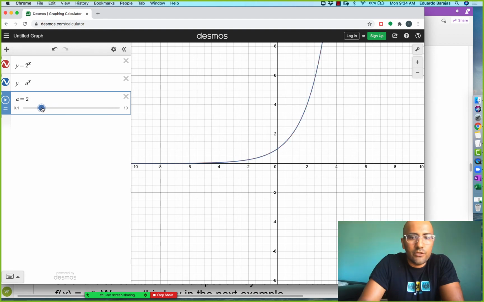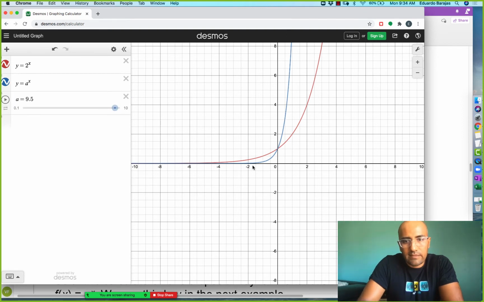When a equals 2, we have 2 to the x power, and as it gets bigger, here it is when a equals 3, it has that shape. When a equals 4, it has that shape. When a equals 5, 6, 7, 8, 9, 10, it gets bigger and bigger, and the shape stays the same.